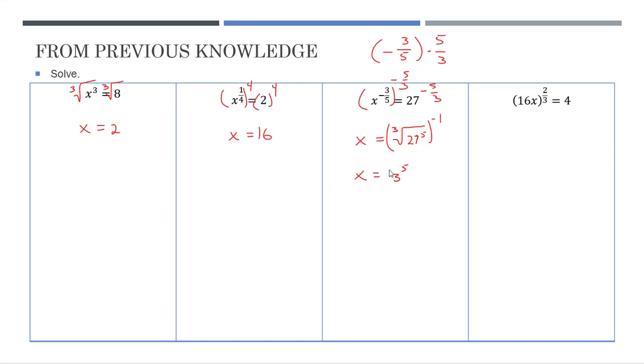So 3 to the power of 5, all to the power of negative 1. And then we can go 3 to the power of 5, which is 243. Still all to the power of negative 1. And then we're going to reciprocate 243 to get rid of the negative exponent. So we have x equals 1 over 243.